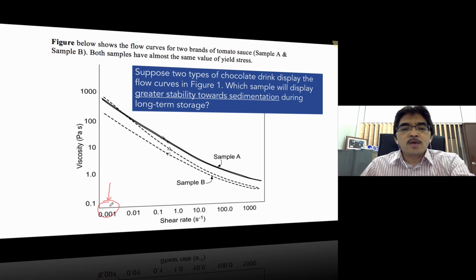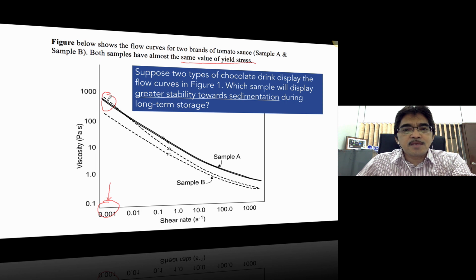Okay, so knowing that we are looking in this region, we are looking at the viscosity here, and if you read the question just now, remember it has the same value of yield stress, which means that we need the same initial force or stress to initiate flow.